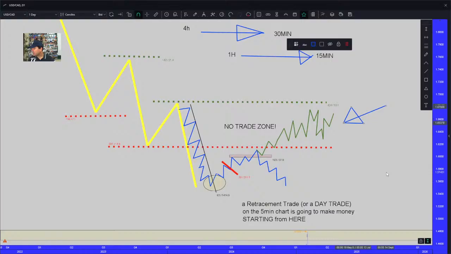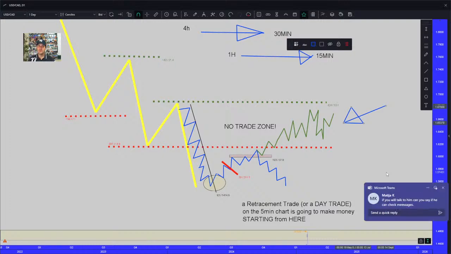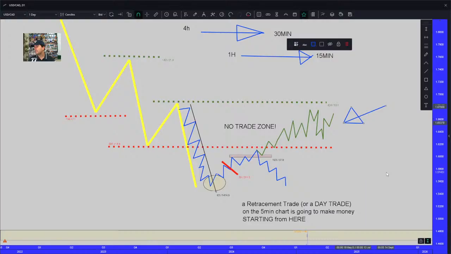Boss, you said in our classes that our take profit should be the same all the time. Nandozi, I don't understand the question. What do you mean all the time? Like on the pattern?